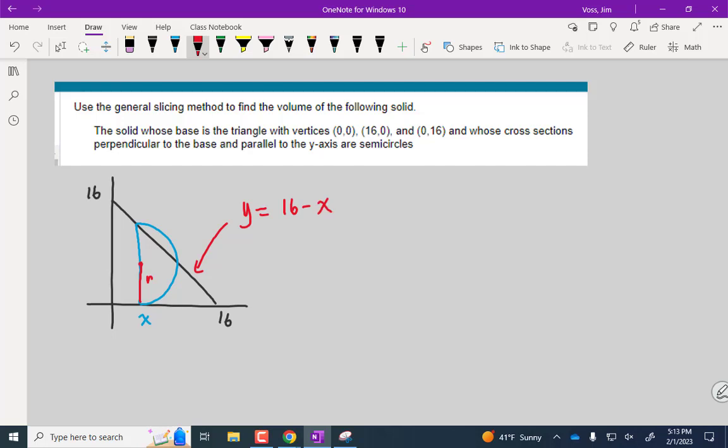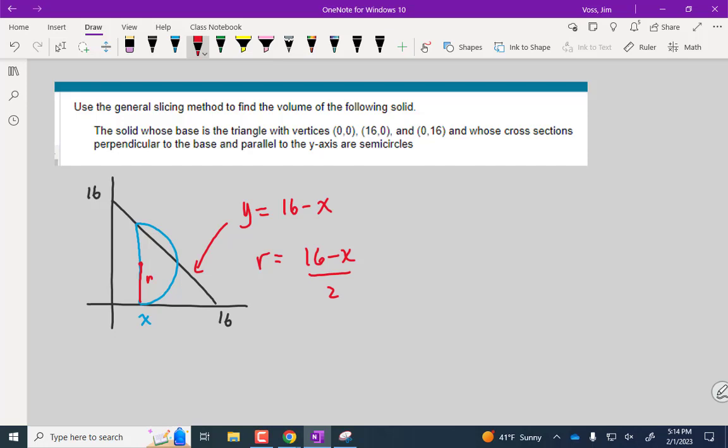So what is the radius? One half of that, because the 16 minus x is giving you the whole diameter. That 16 minus x is measuring from the x-axis up to the curve. We want half of that for the radius.